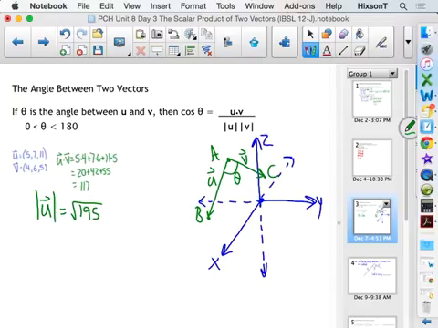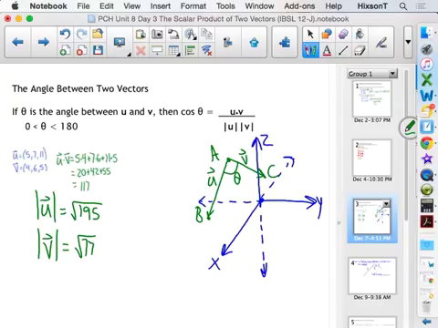Okay? And then vector V, the magnitude would equal what? If it's 4, 6, 5: 16 plus 36 plus 25. 77. Okay? Square root of 77.